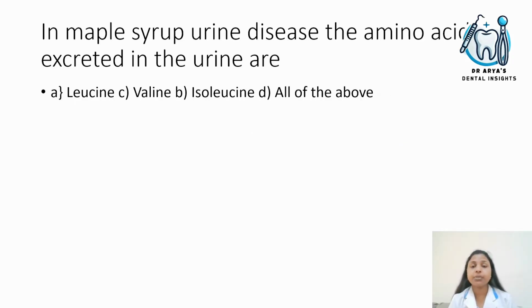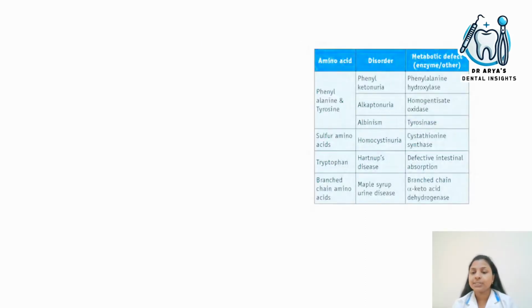In maple syrup urine disease, the amino acids excreted in the urine are leucine, valine, isoleucine, or all of the above. So in this question, they are asking about maple syrup urine disease. What is that? It is actually a disorder due to some branched chain amino acids. Okay, so which are the branched chain amino acids?